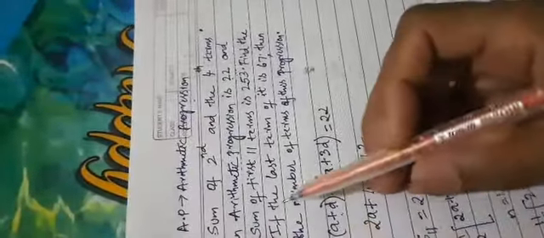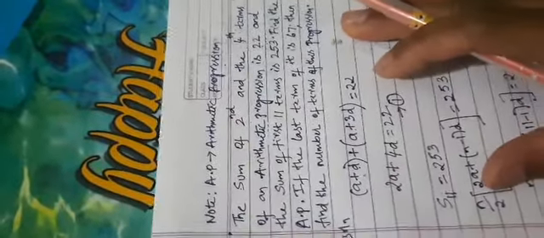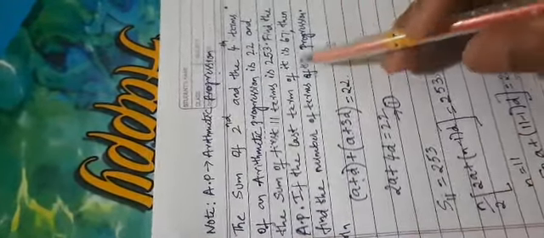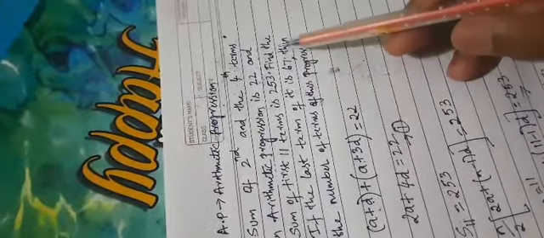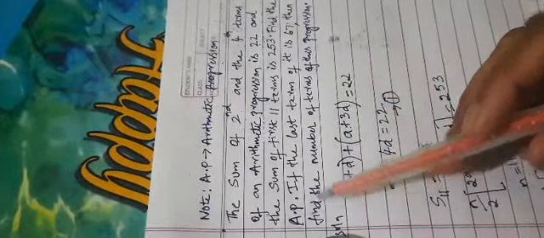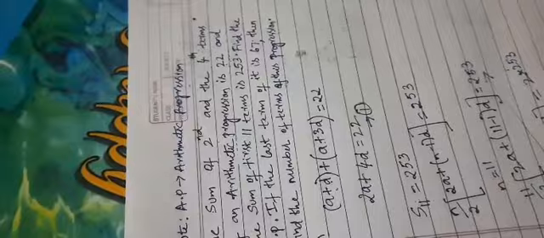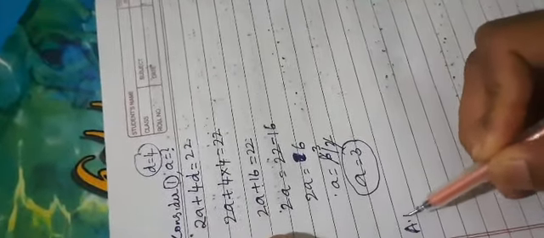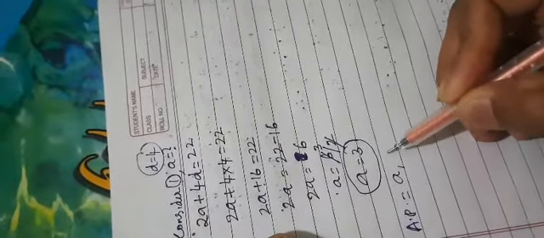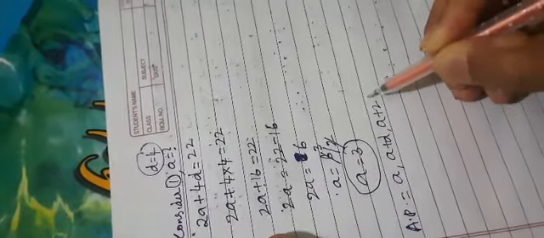See, in the first part of the question, what he has asked: find the AP, arithmetic progression, we have to find out. So for arithmetic progression, we have a formula. What is the AP formula? Arithmetic progression AP is equal to A comma A plus D comma A plus 2D.